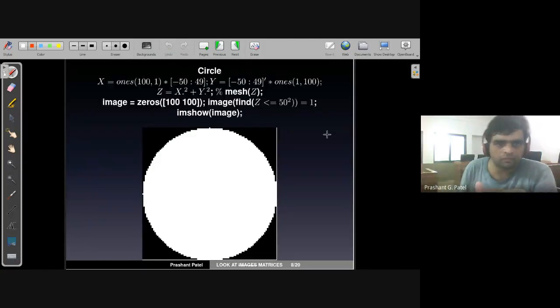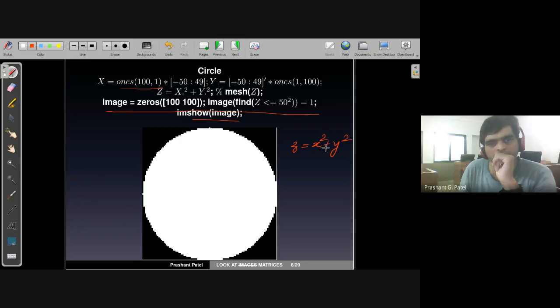Now this is a MATLAB code. Here we have x which is ones of 100. I am trying to plot a circle using the things which we have. What I did is x is 100 cross 1 multiplied with minus 50 to 49. y is the transpose of that. Then the square is made up of z equal to x square plus y square.